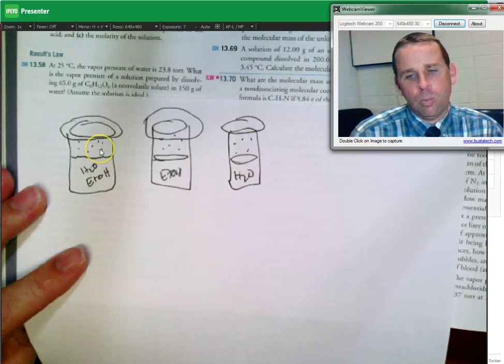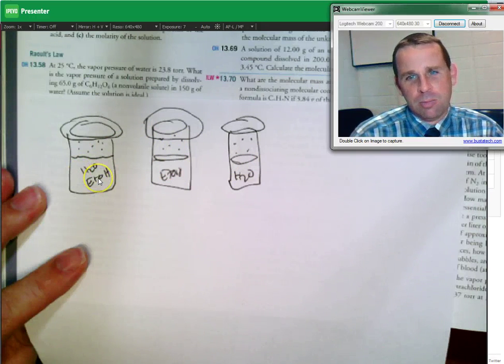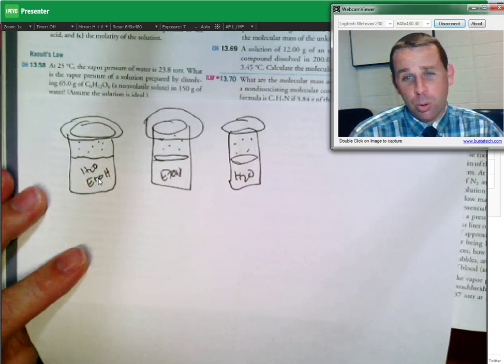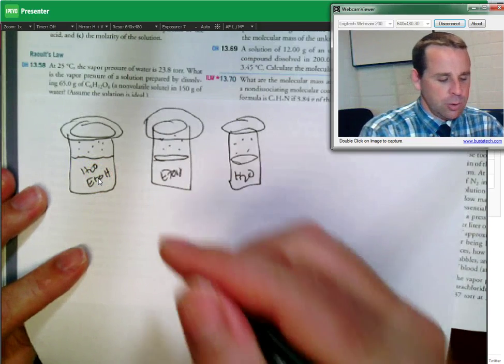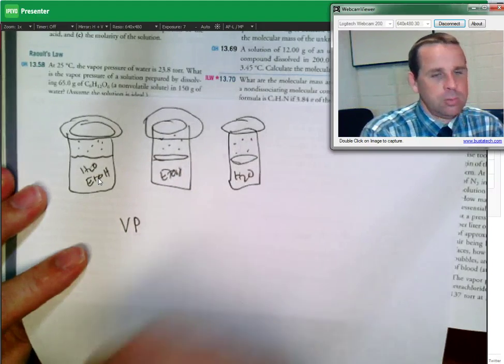So you have water combining with ethanol, and now the new vapor pressure is somewhere in between the water and the ethanol. The vapor pressure ends up being related to the fraction of the material that you have, the mole fraction.